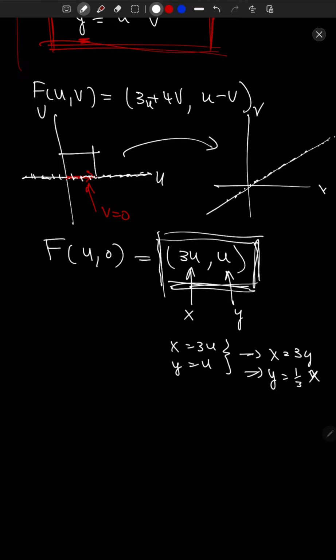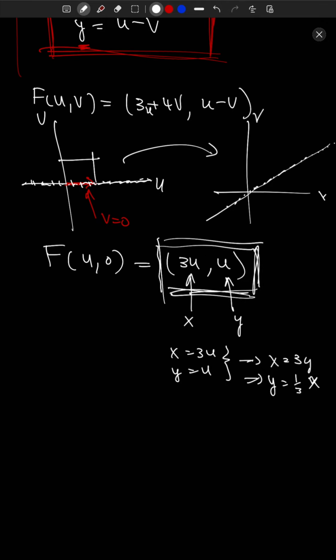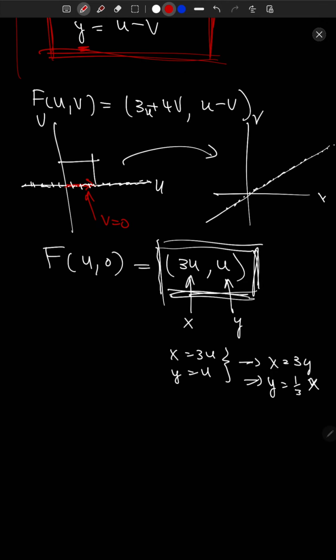Okay. All right, we can do exactly the same analysis. For example, I can do this vertical segment here, right? What is that? That's where u is 0. So where does that go under this mapping? What's the output of this mapping? Or often it's called the image of the mapping. Well, that's going to be 0 comma v, and that's going to be 4v comma minus v.